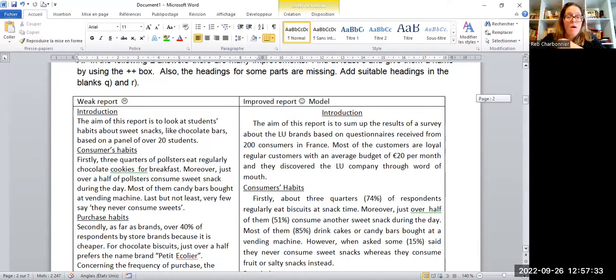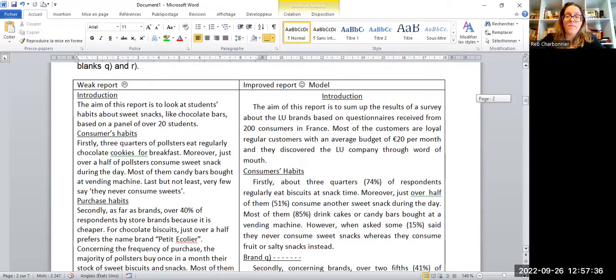Okay. So here, let's look at some of the things here. This person had: the aim of this report is to look at students' habits about sweet snacks, like chocolate bars, based on a panel of over 20 students. And it's a little bit better because I'm allowing you to use your imagination and to even lie to me.